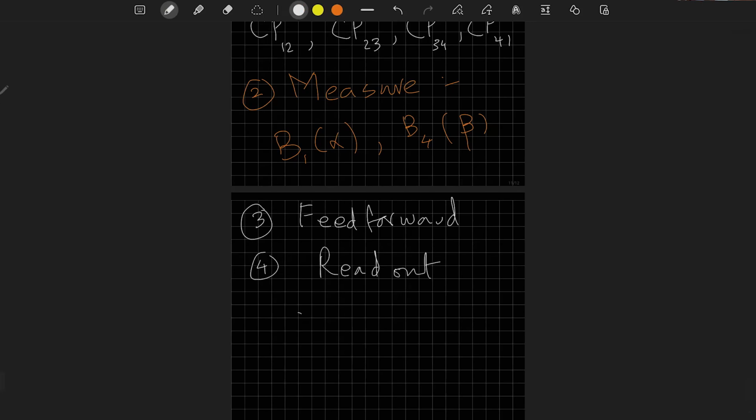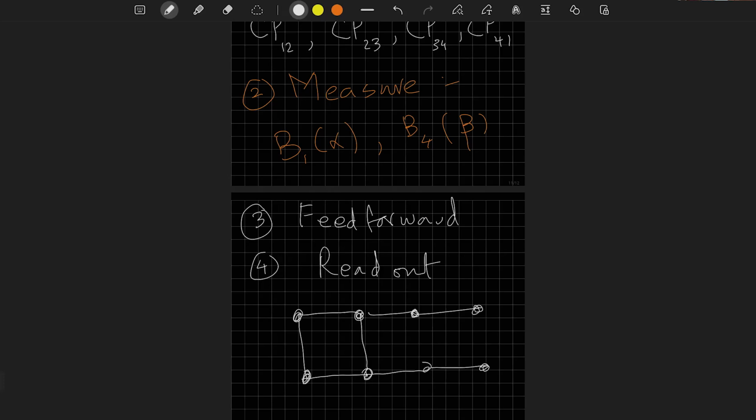So suppose I have a cluster state of this kind. Suppose this is my cluster state. Now I have 8 physical qubits and probably 2 encoded qubits. I do a measurement on these 2 qubits in basis alpha, beta.